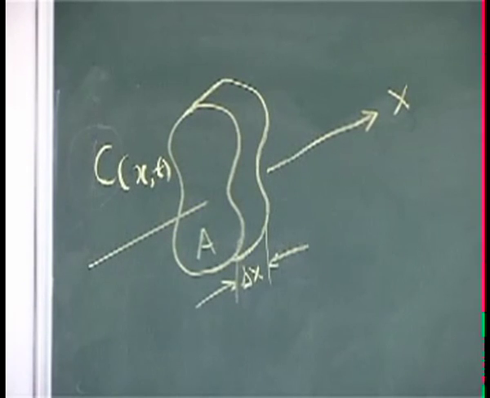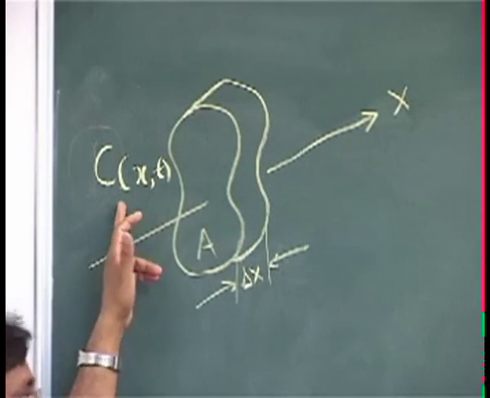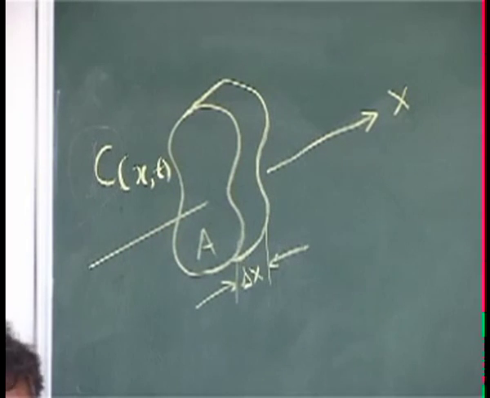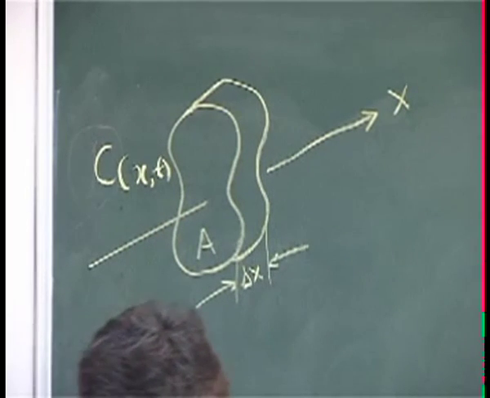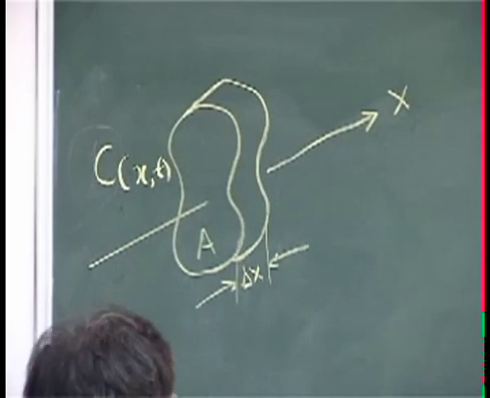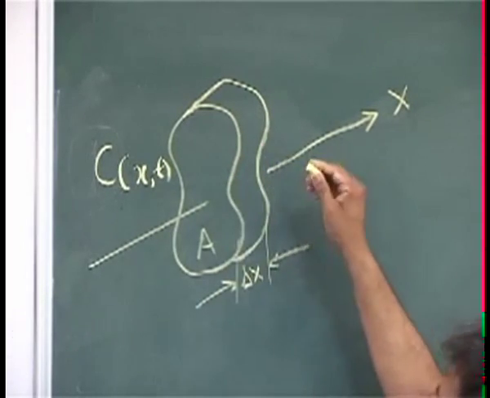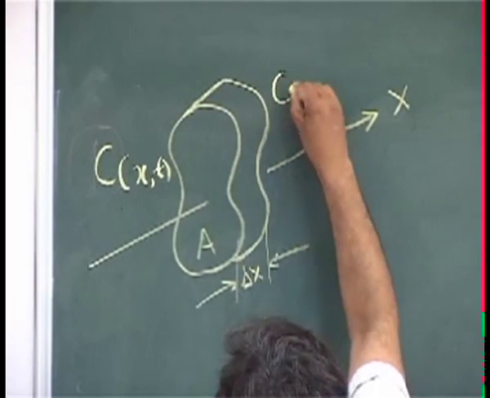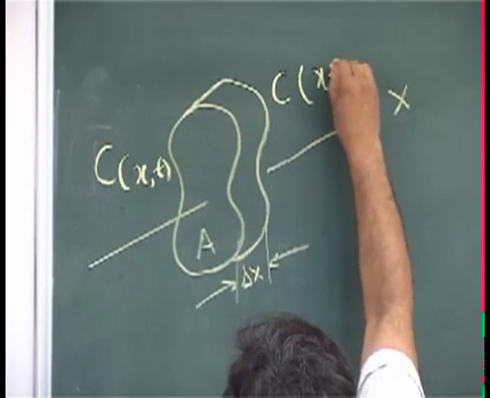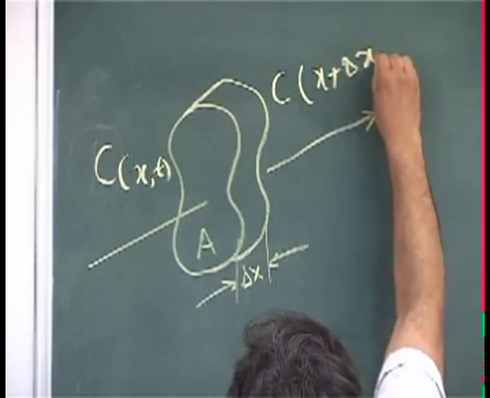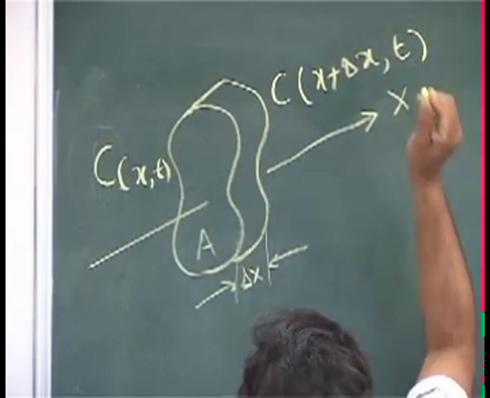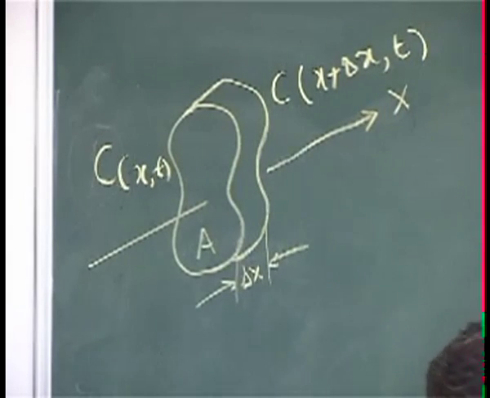C has two domains: the concentration can be a function of x and it can be a function of t. And here on this side of the strip, C will be at x plus delta x and t.